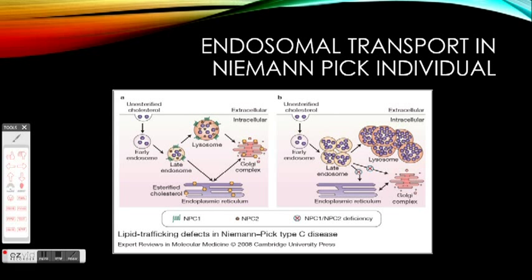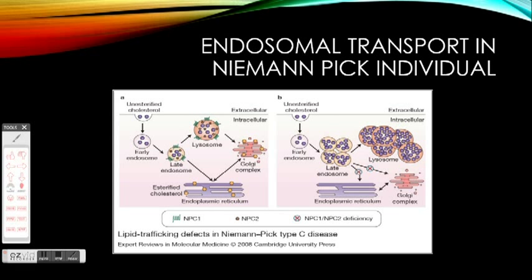However, in an individual suffering from Niemann-Pick type C, the NPC1 and NPC2 genes are defective. In these individuals, the Rab7 and Rab9 proteins, not shown here, but which are usually present on the late endosome, which binds to either the lysosome or endoplasmic reticulum, are defective.